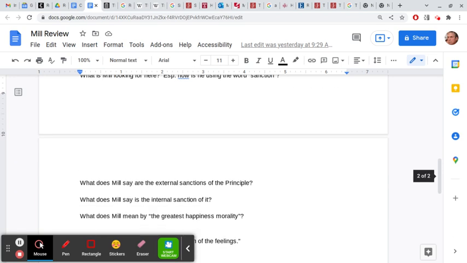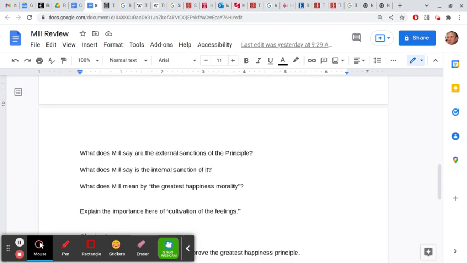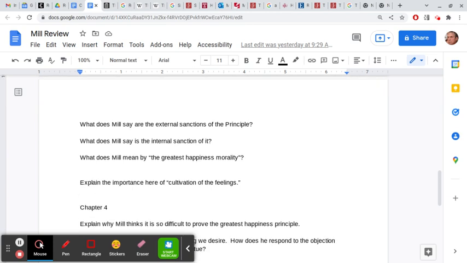It's rather what he calls the greatest happiness morality, the notion that we must take into consideration the happiness of others, and that when we're applying the principle, we cannot do it in a selfish way, and even stronger than that, that we can't privilege our own happiness over anybody else's whose happiness is involved, at least, who has a real interest. That would be the greatest happiness morality, and in looking for the sanction of it, that's what he's looking for.